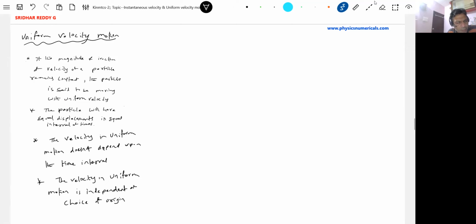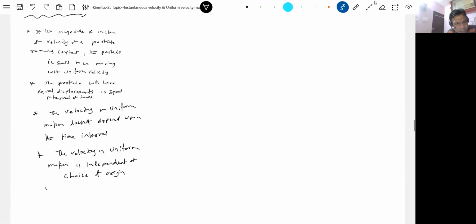So what is the uniform velocity motion? It's a body moving in a straight line with a constant speed. Example of this: a body moving along a straight line with constant speed.